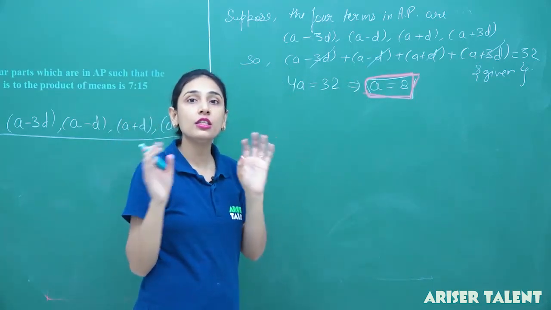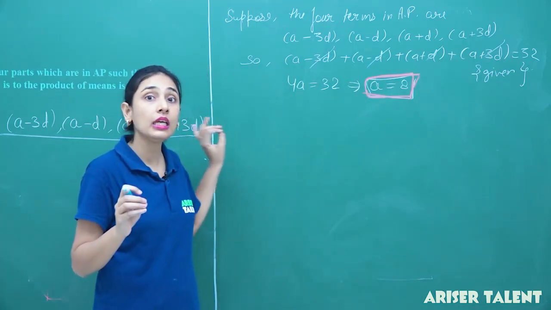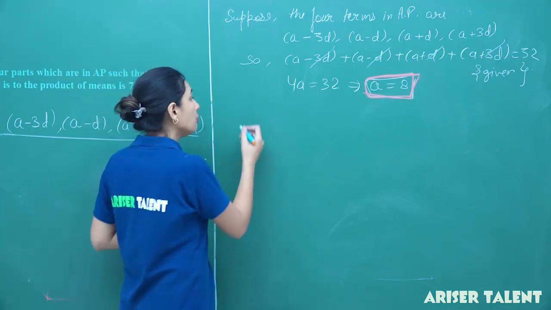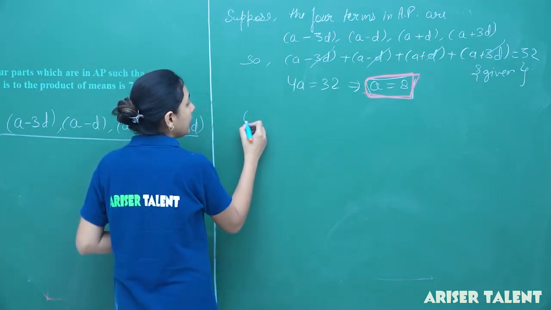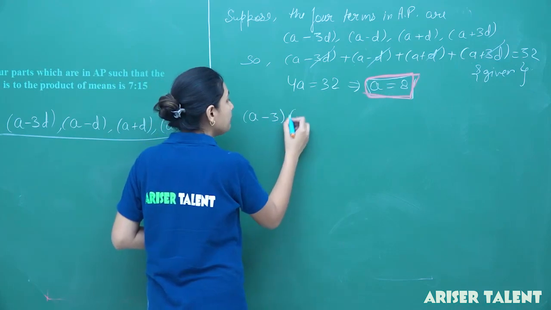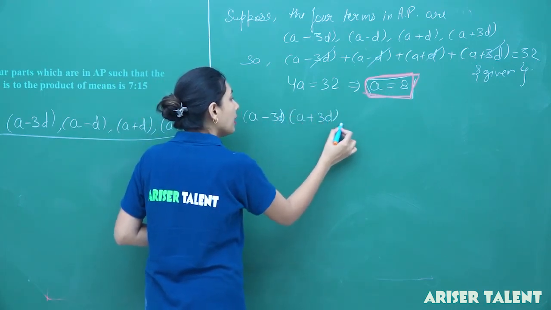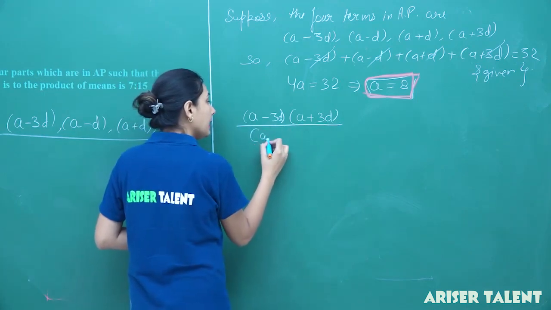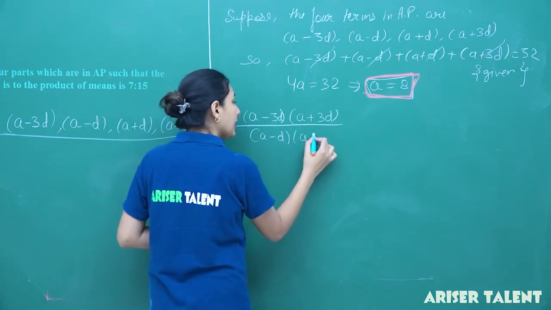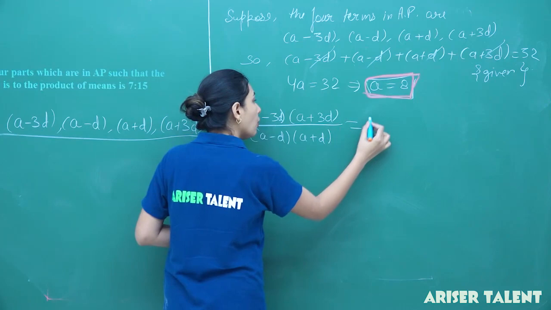This information is provided to you in the question. So, you can write A minus 3D, A plus 3D divided by A minus D, A plus D equals to what?